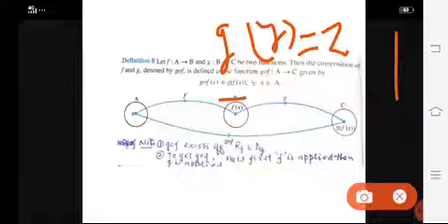Okay. So (f composite g)(x) = g(f(x)) for every x belongs to A.